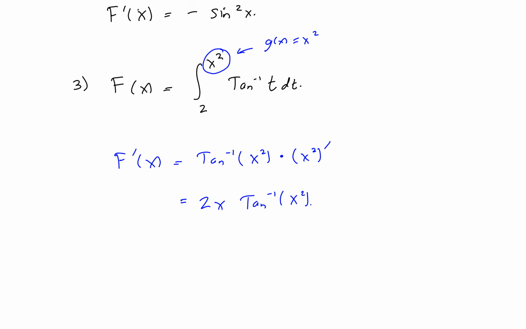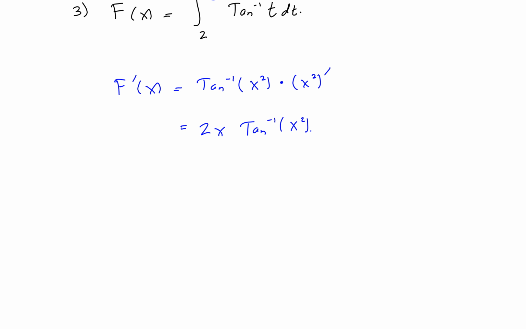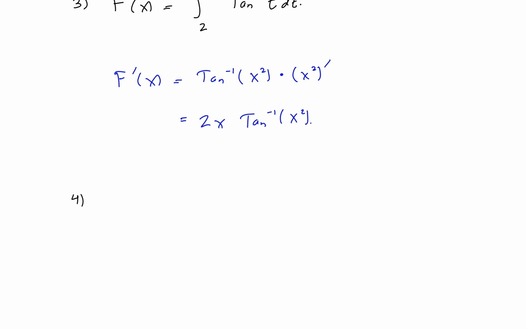Okay, let's try one more, basically going through all the possible cases of how this could be complicated. Now we don't always have to use t inside, so maybe let's just put something different just to make sure we've seen it without a t. It just has to be some variable other than x. So we'll use z's this time.